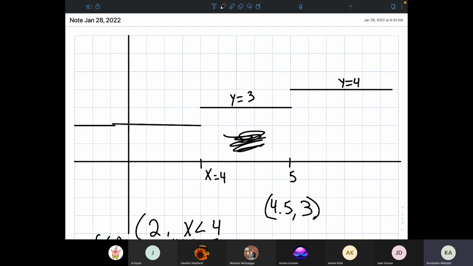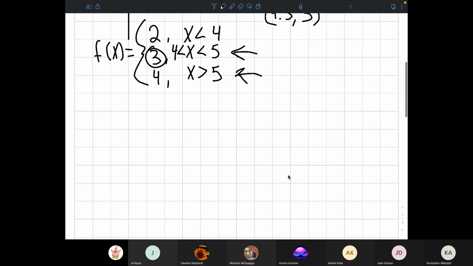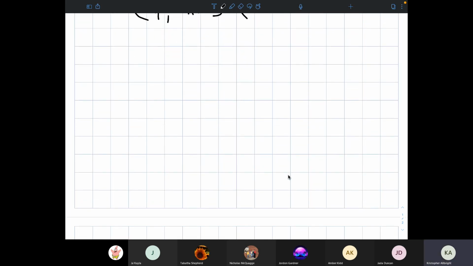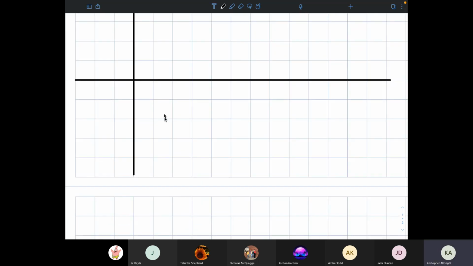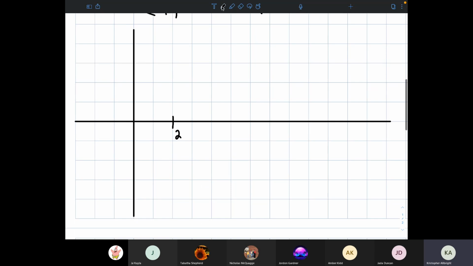Where this is useful is like in the post office, if they say it'll cost you $5 to ship something less than 2 pounds and $10 to ship something more than 2 pounds. So when you graph a step function like that, it would look pretty much like what we had, just with 2 steps. So if we say, okay, less than 2 pounds, so 2 pounds, it's going to cost us $5.